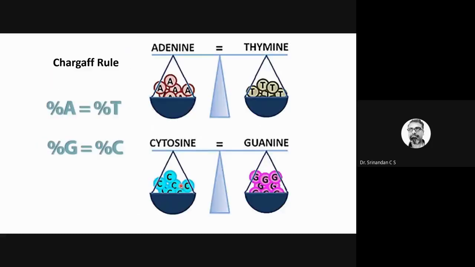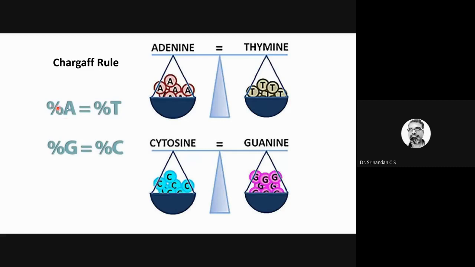Now, coming back to the experiment which I told you. When A and T percentages, say in tube A, it was 40% A and T, then the remaining should be G and C. So the A percentage will be equal to the T percentage.